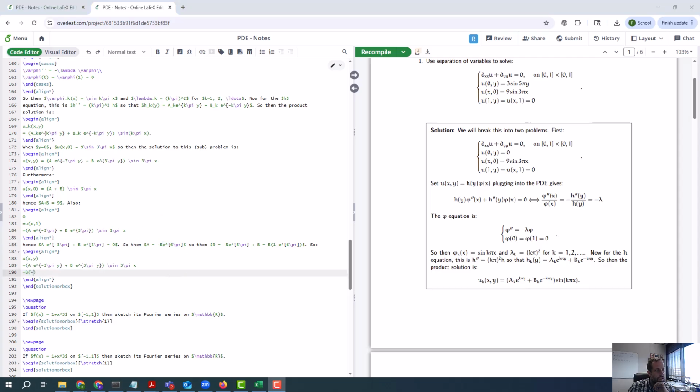So what we're going to get is minus e to the 6 pi minus 3 pi y, and then plus e to the 3 pi y, times sine of 3 pi x.